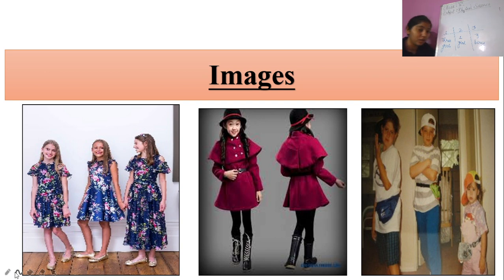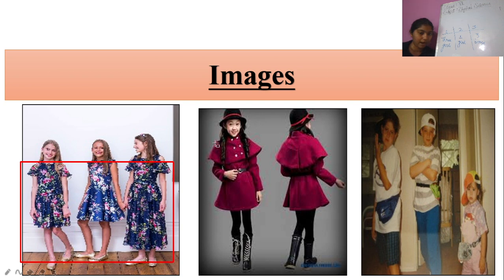Students, do you think they are wearing some dress according to some seasons? See, this girl is wearing only a skirt with some frock, right?